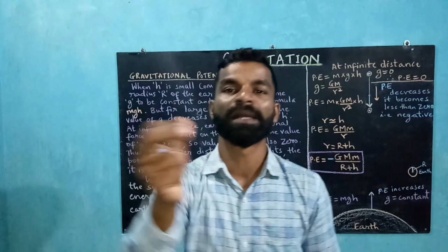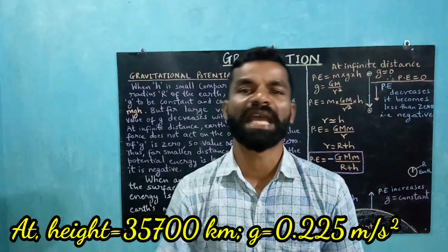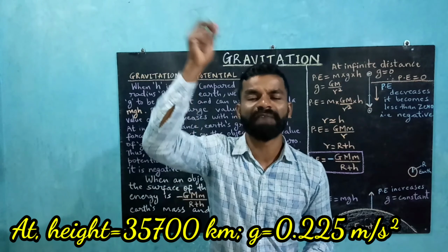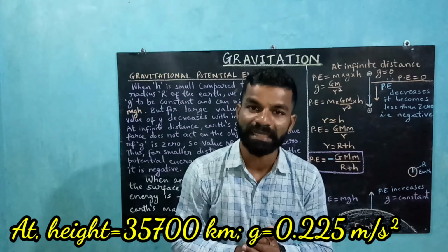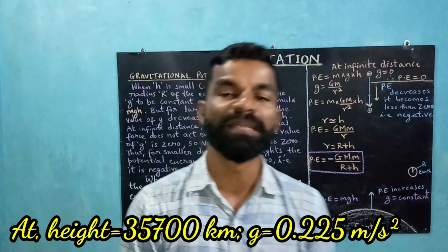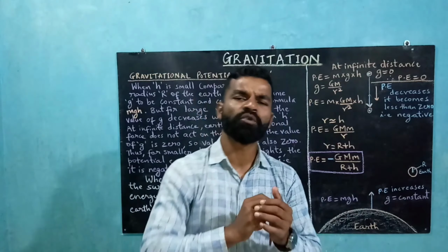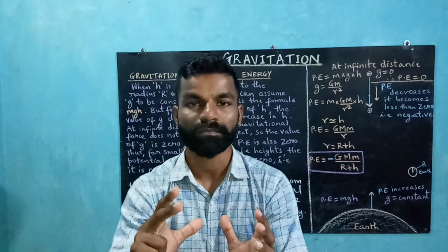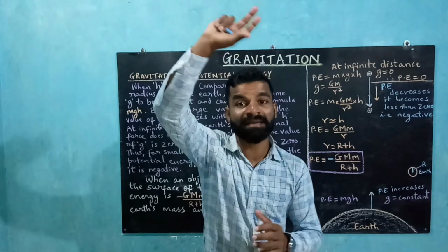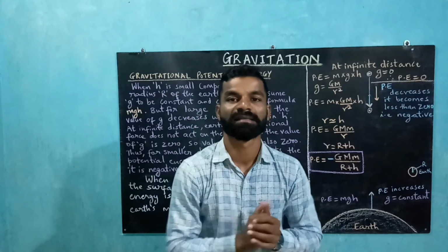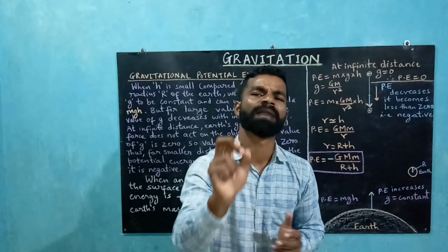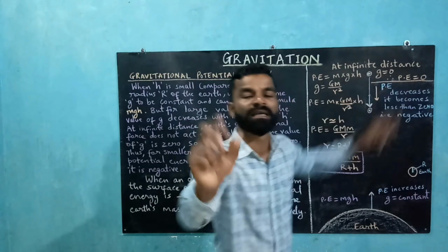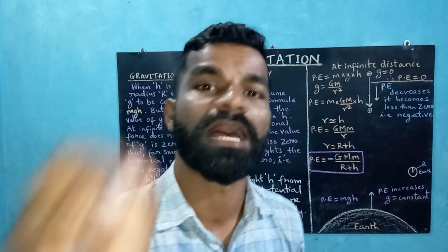We took one more example of a communication satellite launched at a height of 35,700 kilometers from the surface of the earth. The value for acceleration due to gravity on that communication satellite is 0.225 meter per second square. In fact, if you go to very large heights, the value for acceleration due to gravity approaches 0, and at infinite distance it becomes 0.